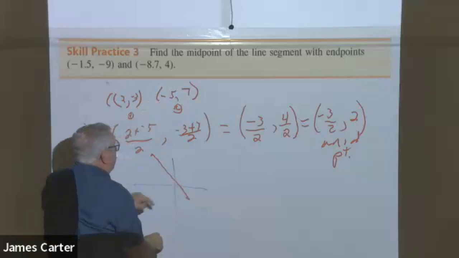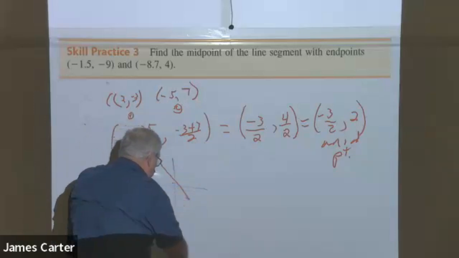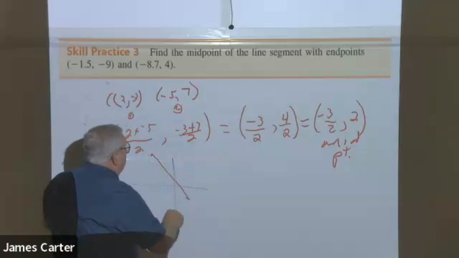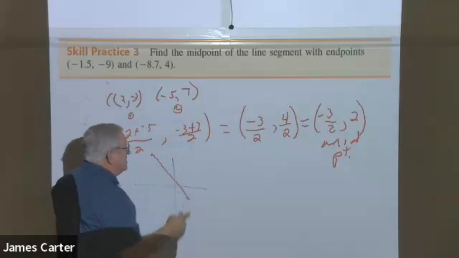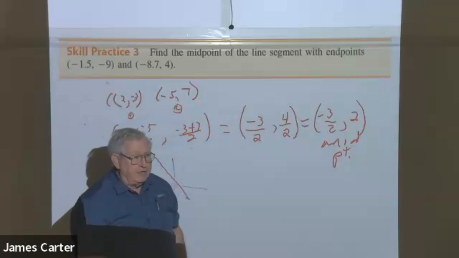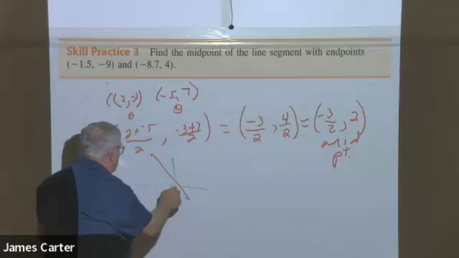There's the number. If I graph that point, -3/2, okay, that's the same thing as -1.5, right? So over 1.5, and now up 2.